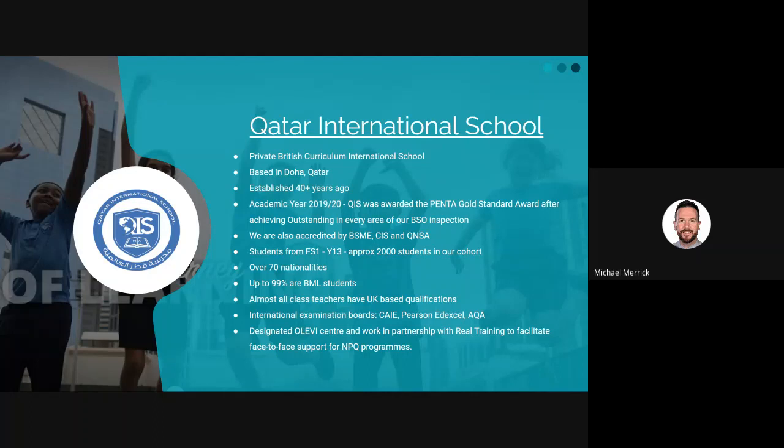Almost all of our class teachers have UK-based qualifications, and the examination boards we tend to work with are Cambridge, Pearson and AQA. We're also a designated Levy centre, so we facilitate Levy training, and we also work in partnership to facilitate face-to-face support for the national professional qualifications like the NPQH and the NPQSL.